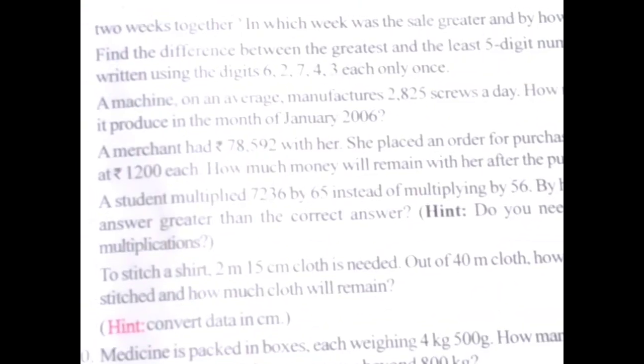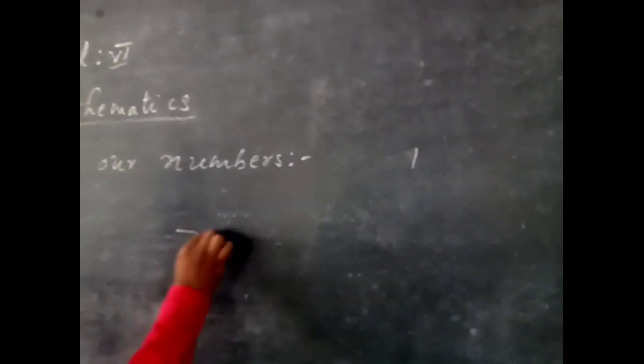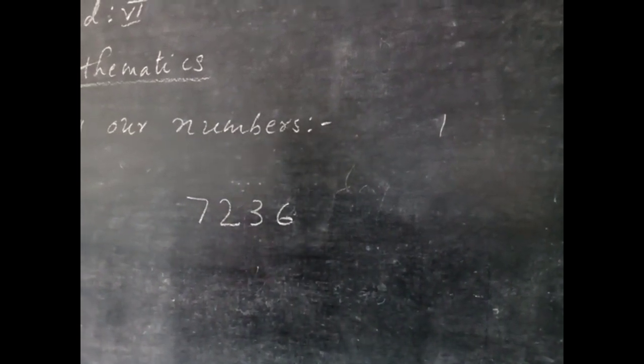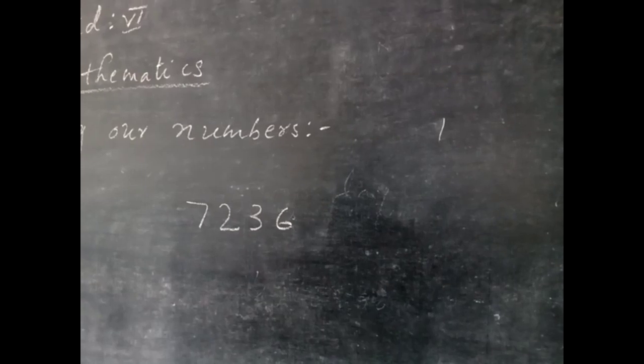The numbers are big, so we have to multiply with both, so we get the difference. See what mistake is made by the student over here. He multiplied 7,236 by 65 instead of multiplying by 56.